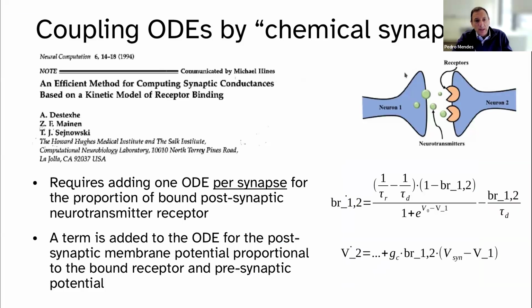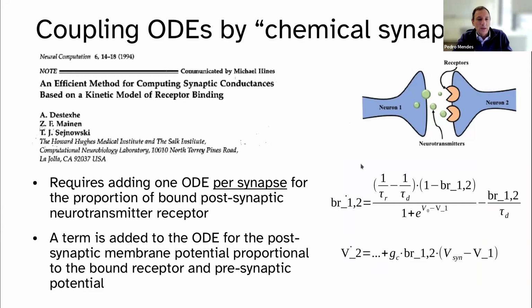Essentially, we're replicating this process that happens when a neuron secretes, or actually it could be a cell that is not a neuron, as long as it secretes something that a neuron downstream has receptors for that cause an electrophysiological response.